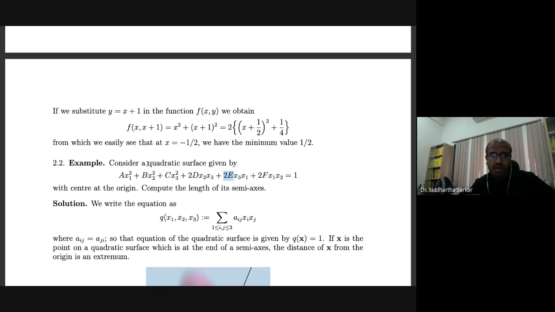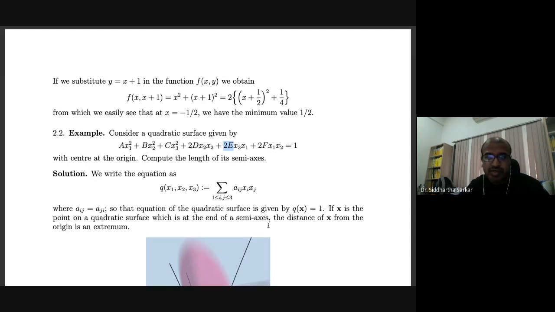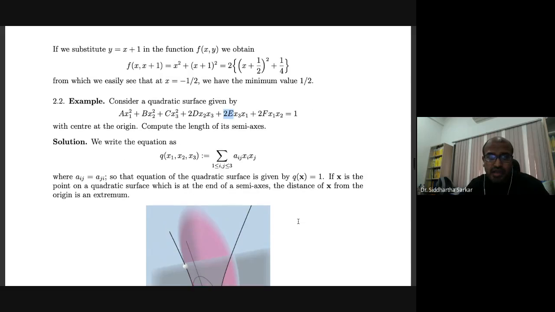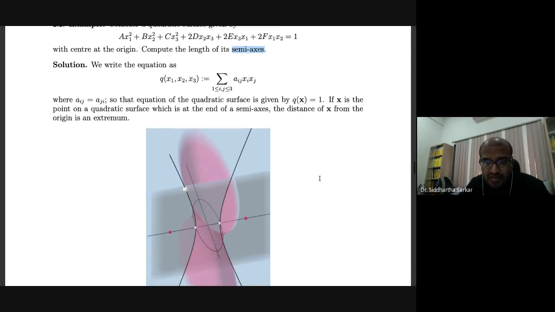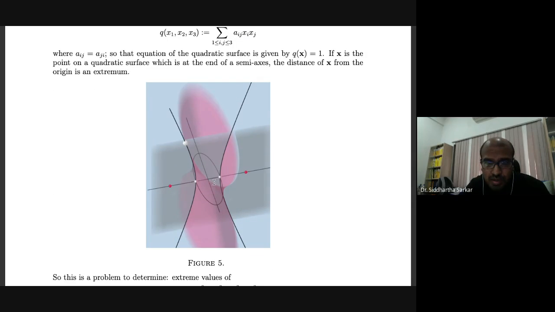Nevertheless, I have this Q(x) equal to 1. This is one of the equations, and if I try to think of what the semi-axis could mean, just look at a diagram here. Around the semi-axis, what you achieve is some kind of extremum value.